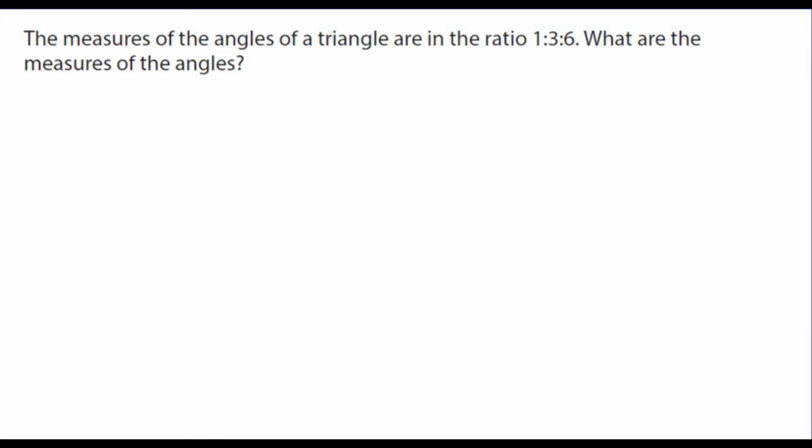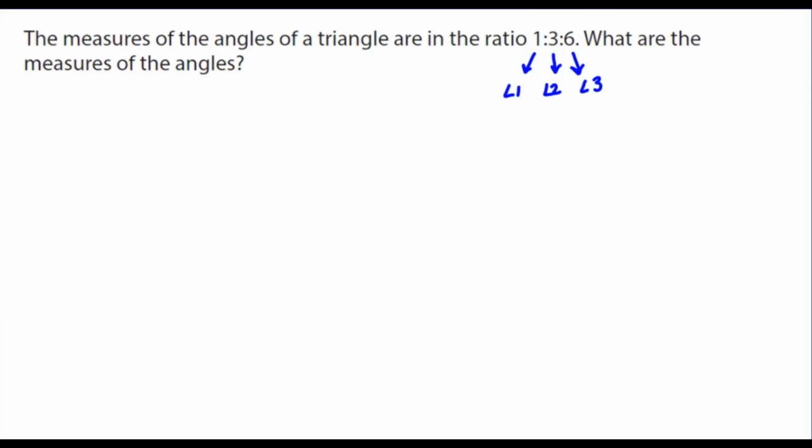Well, it describes the three angles. So we can think of this one here as angle 1, this one is angle 2, and this one is angle 3. These are the three angles, and this is the ratio that they are. That means if angle 1 is 1, that means angle 2 is 3 times bigger than angle 1, and angle 3 is 6 times bigger than angle 1.